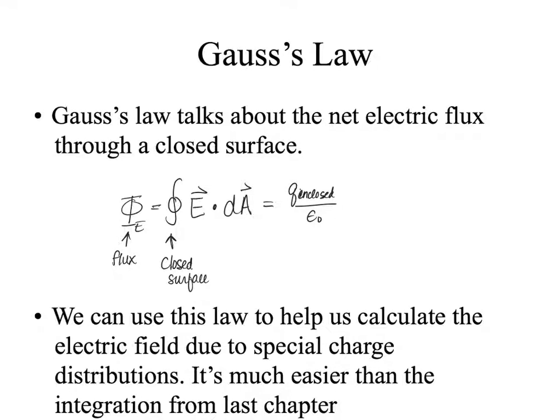So the perk of Gauss's law is it's going to allow us to calculate the electric field a lot more easily than how we looked at it at the end of chapter 21, where we were doing the integration with dq's and how is the electric field pointing and what's going to be the net direction. This ends up being a lot easier.